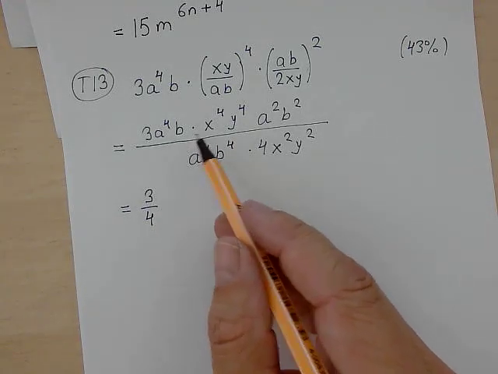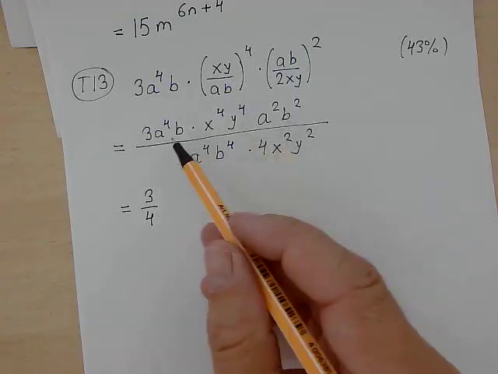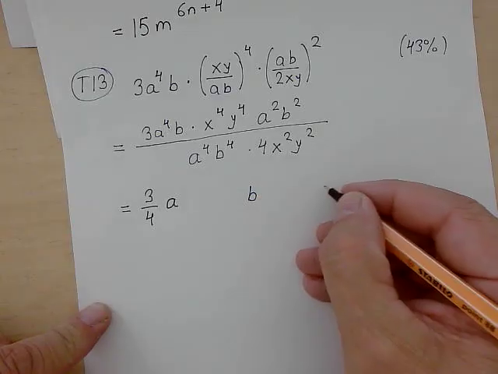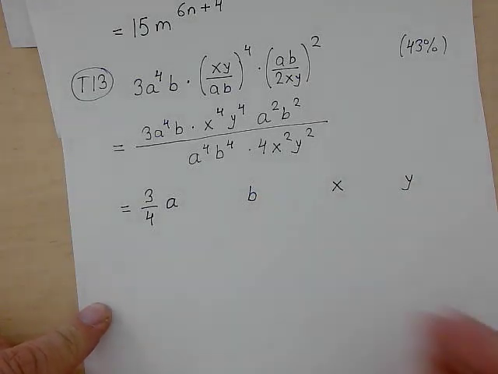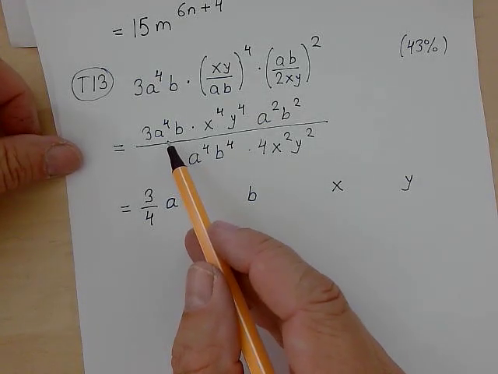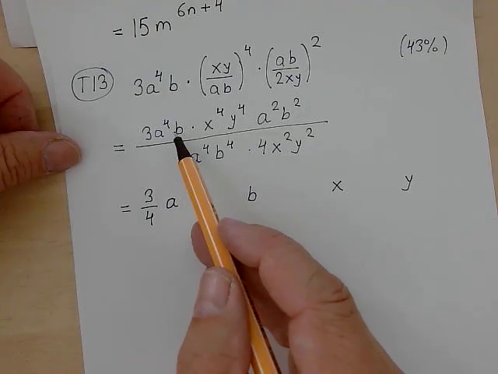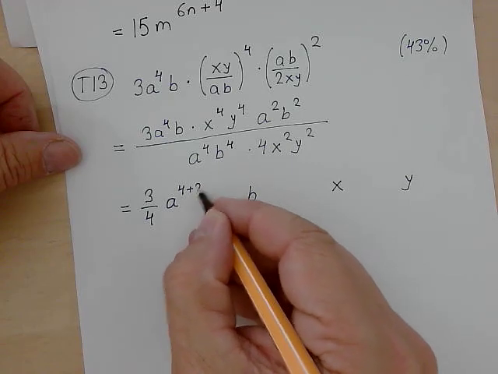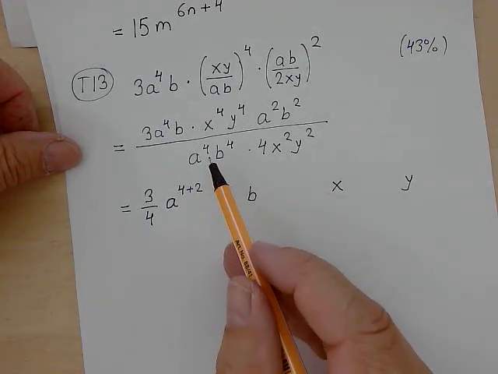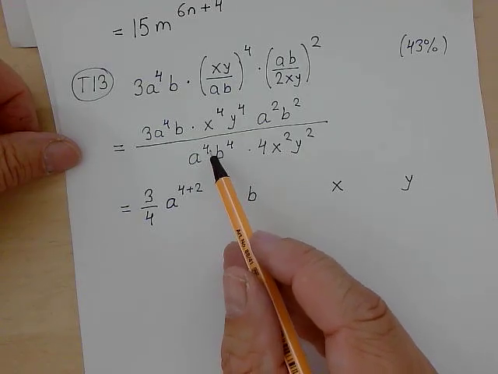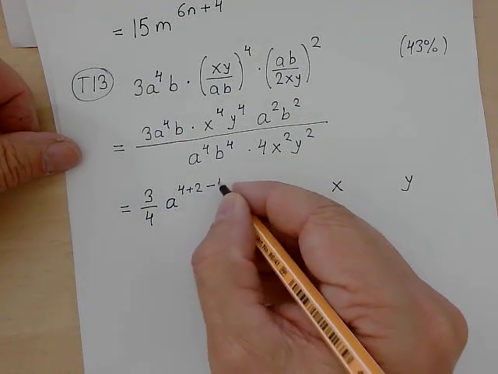There are A and B and X and Y and no other letters. So I will first mechanically write A, B, X, Y. I leave the space between those letters, and then I collect these exponents there. So I just watch what exponents A has. There are 4 and 2 in the top part, so I will plus them together, and then I have only 4 in the bottom part, so I will subtract them, so we put -4 here.